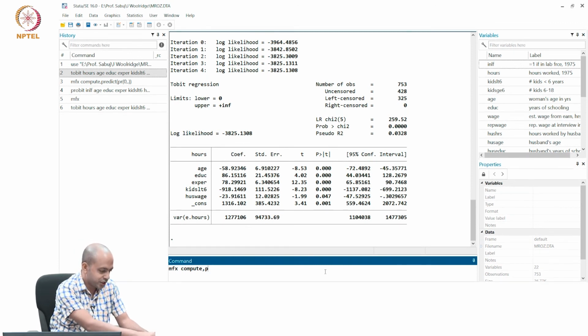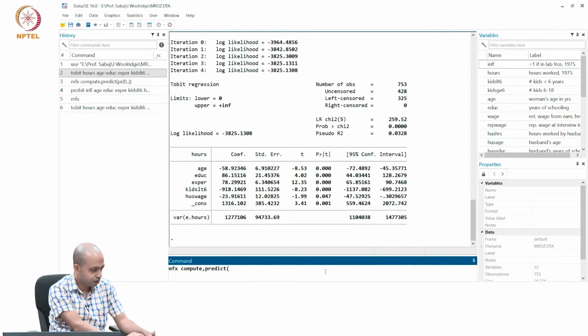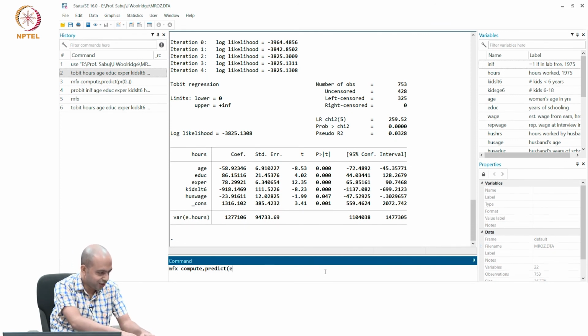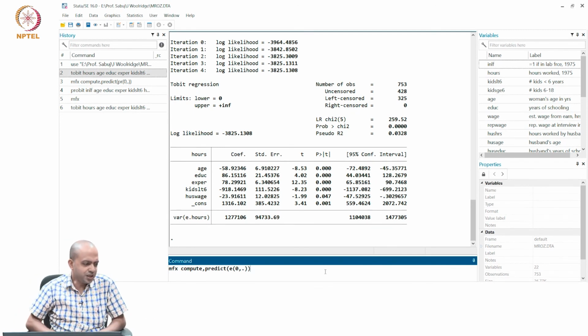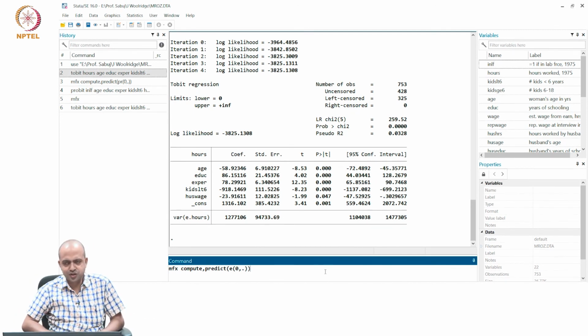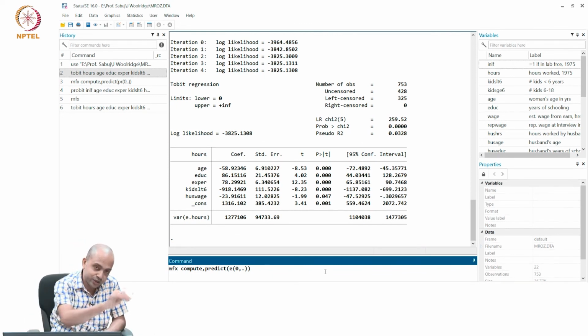So, for that you have to say predict, and in the bracket, instead of PR you have to mention E for elasticity. This is the command. So, I am asking Stata to first predict the labor supply amount given that it is greater than 0 and then estimate the change.